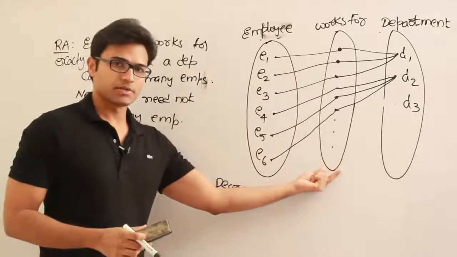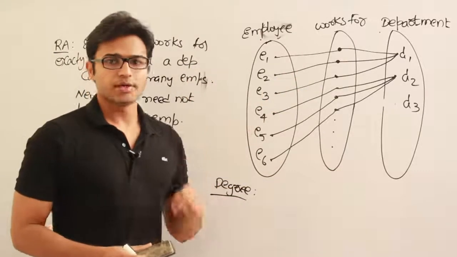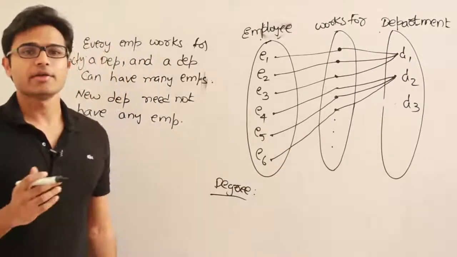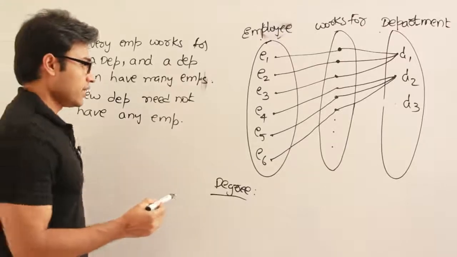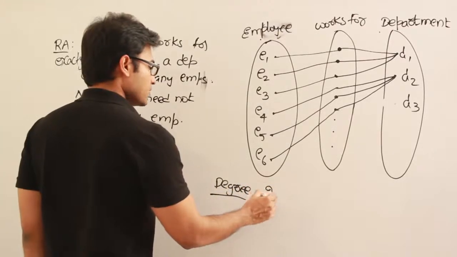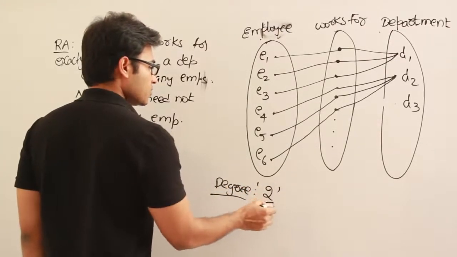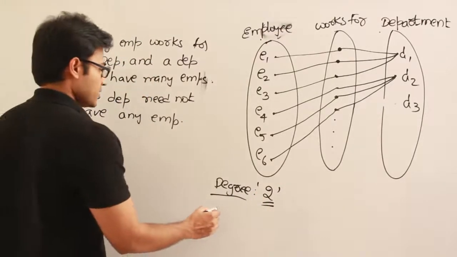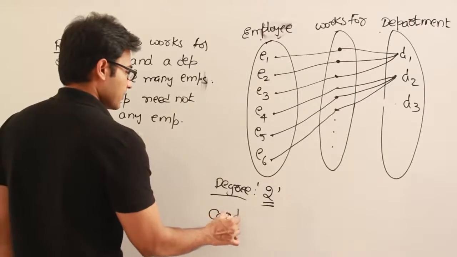So in this relationship we are having two entities participating, right? That is why this relationship is also called as binary relationship, binary, right? And the degree is 2. So degree of this relationship is 2, right? And there are various other things. One is called as cardinality ratio.